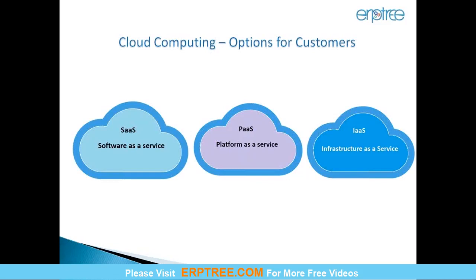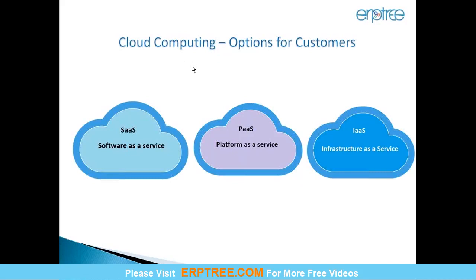Those are classified into three types: SaaS, software as a service; PaaS, platform as a service; and IaaS, infrastructure as a service. These are the different options a cloud computing company can offer its customers.